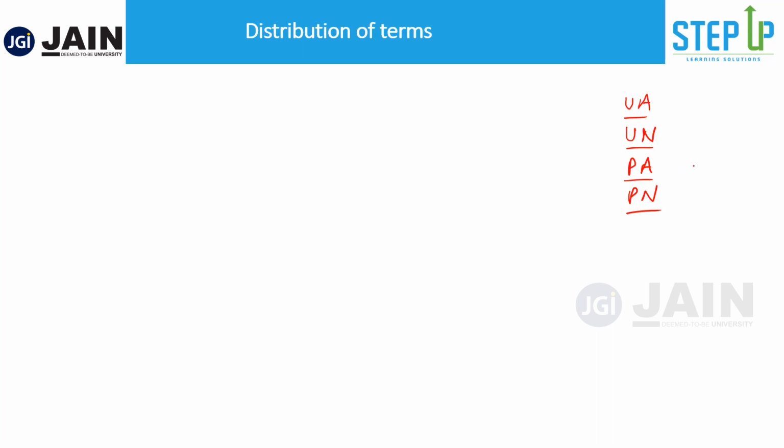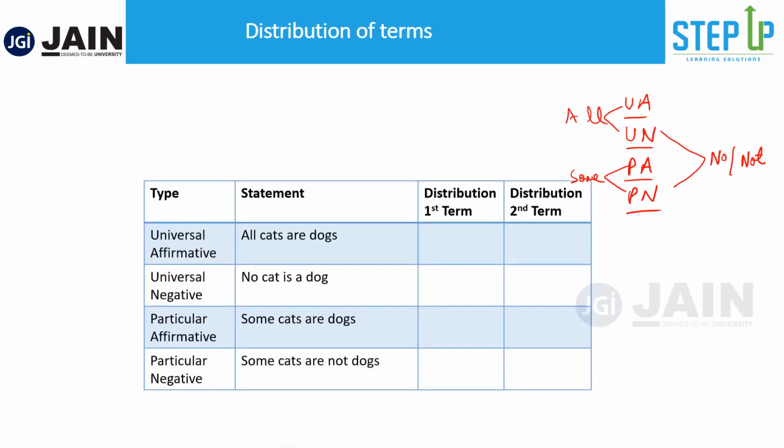That means the moment you see "some", you can say this is a particular type of statement. The moment you see "no" or "not", you can say this will be universal negative or particular negative. And universal, you can see, for example, "all". So things like that.